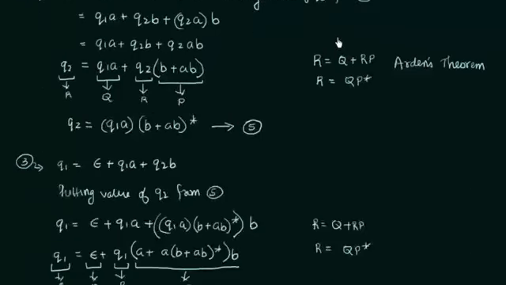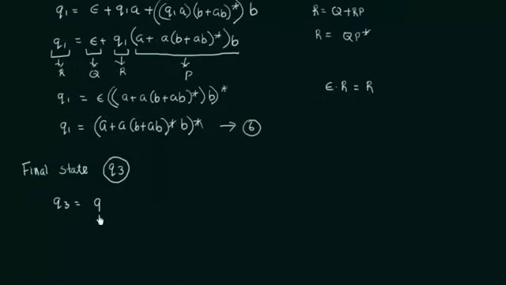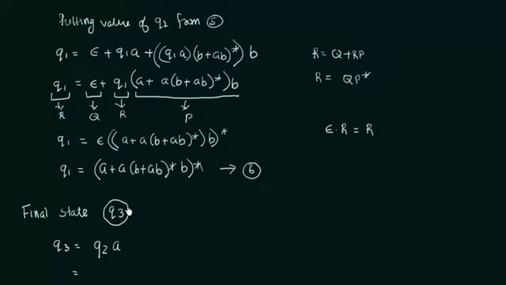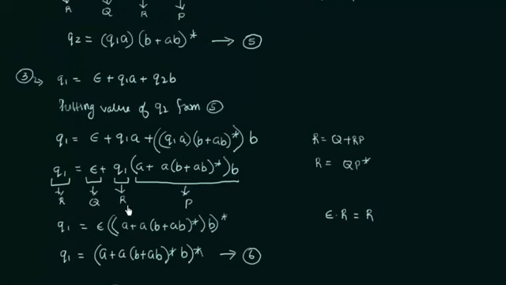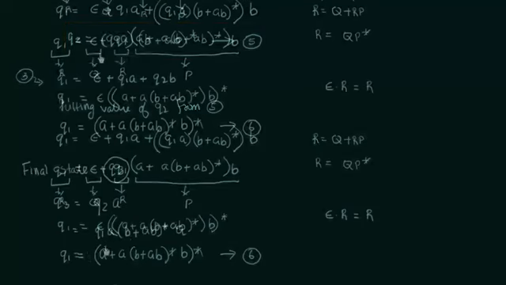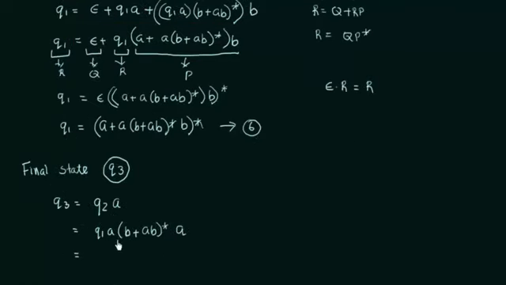So let me take this equation, Q3 equal to Q2A. Okay, now this value of Q2, let me substitute it with the value of Q2 that we got from equation number 5. So this is the value of Q2 that we have finally obtained. Okay, that is equation number 5. This one I got it by substituting the value of Q2 from equation number 5.